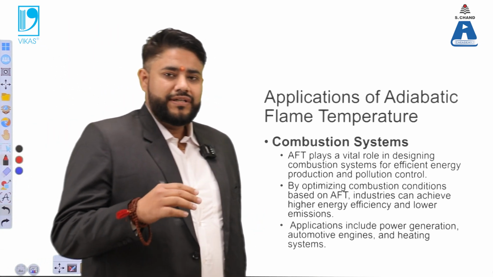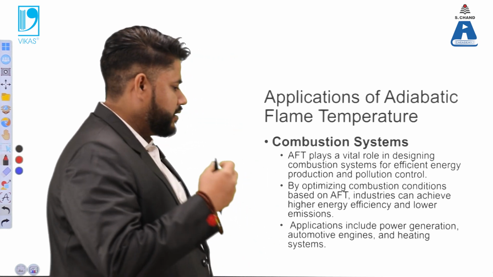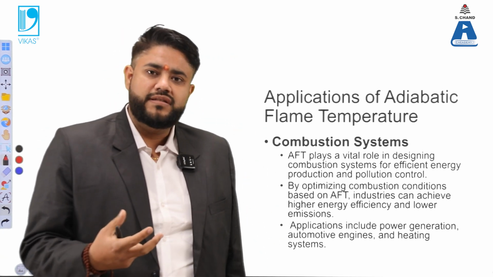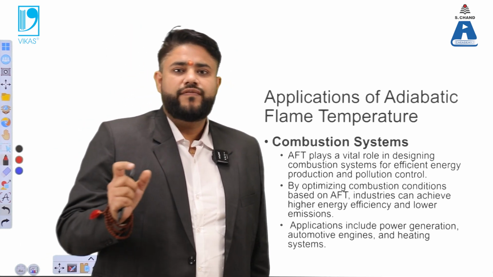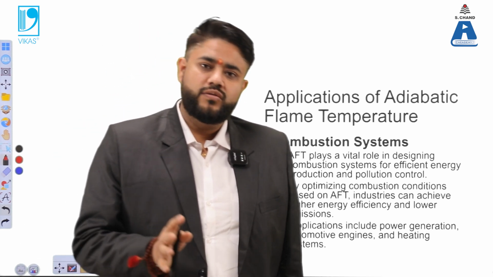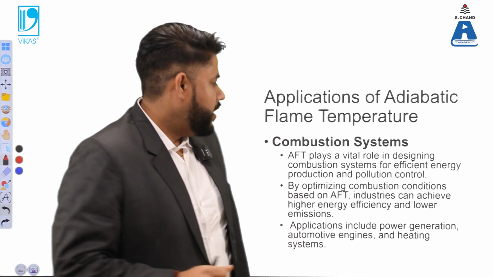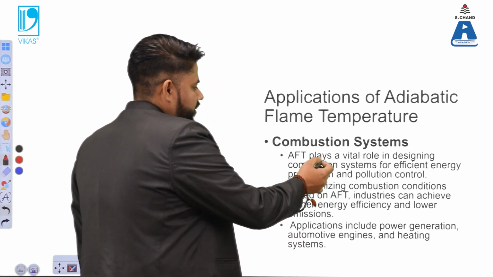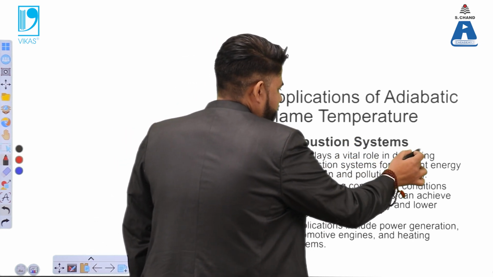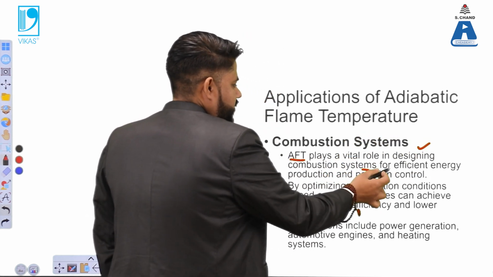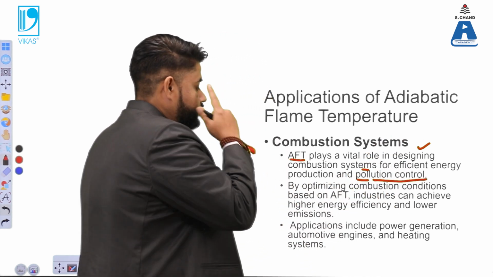Basically, when we want to design a particular combustion system, be it the calculation of energy efficiency or any other significant term, adiabatic flame temperature plays a major role in the design of that system. It is a significant term that plays a major role in designing combustion systems for efficient energy production and pollution control as well.